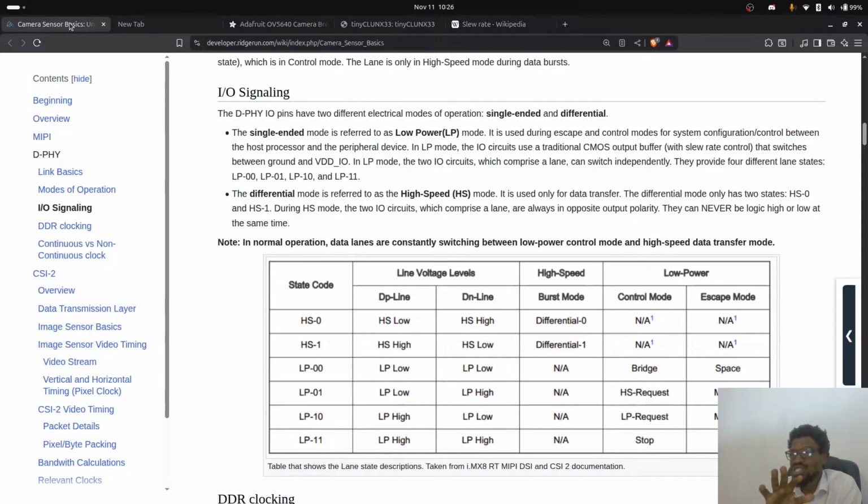And it probably uses a slower slew rate when it's in low power mode, so that it's changing from high to low at a much slower rate. And in this rate, it is sending control mode. So you're setting up the camera. You're saying, this is what I want the black level to be. This is what I want the white balance to be. This is what I want the gamma corrections to be. This is what I want the color correction rate levels to be.